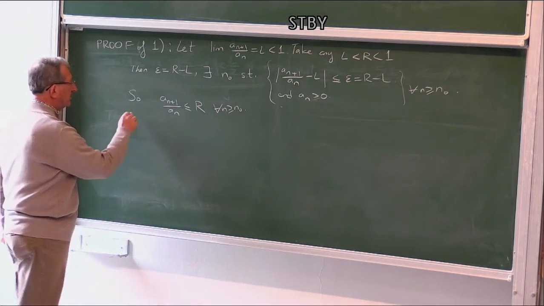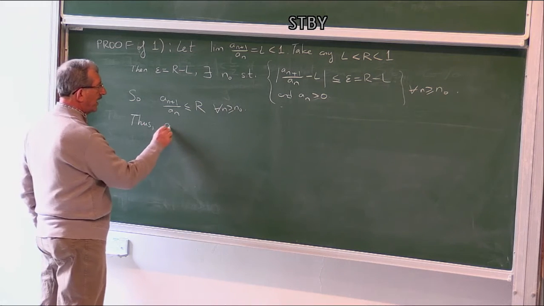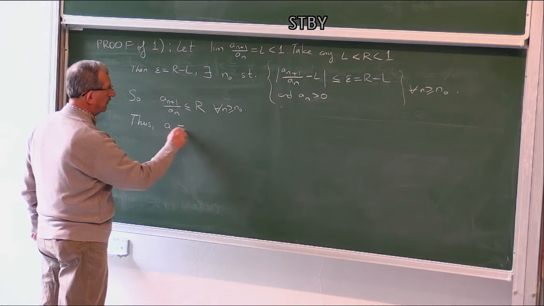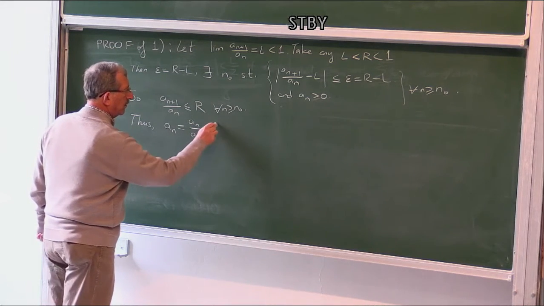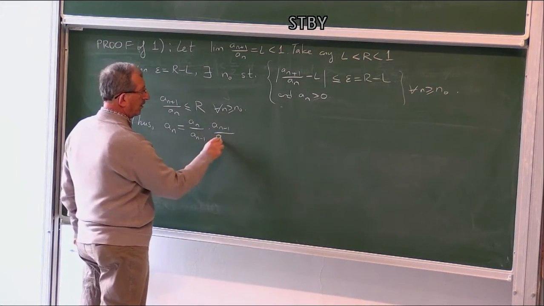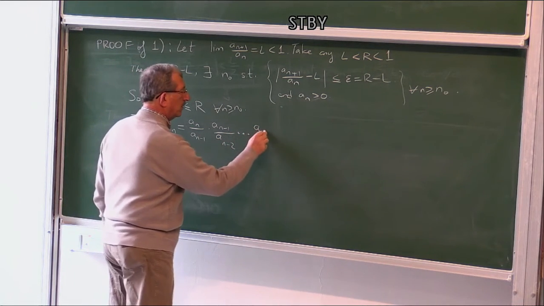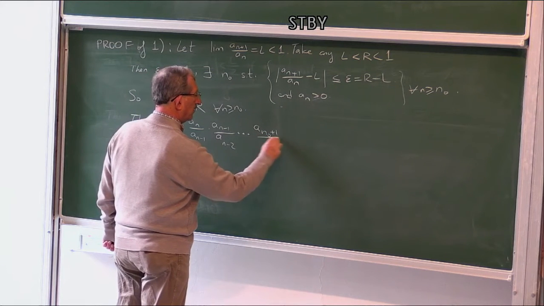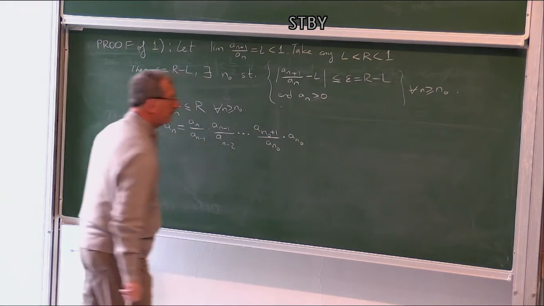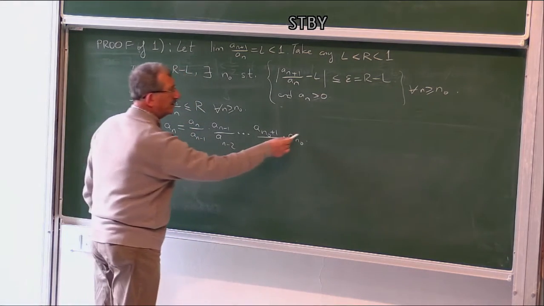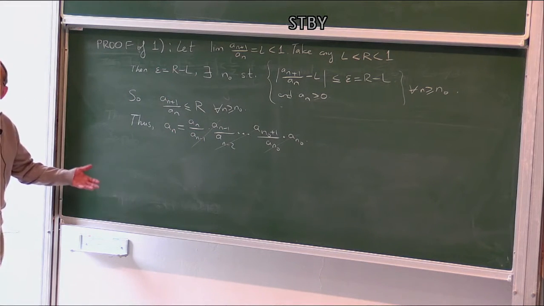Thus, if I look at a_{N0}, or just a_n, I can write it in the following form. You can see that if you carry the cancellations out, we did actually nothing.